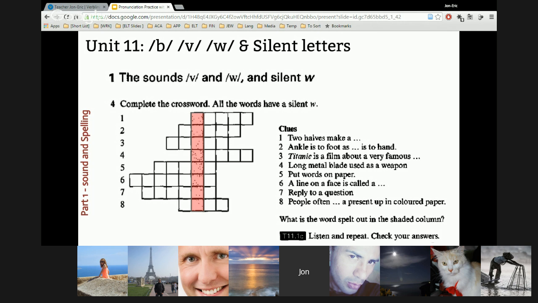Okay. Number 2. Ankle is to foot as elbow is to hand. Very close. You got the right idea. Wrong joint, but right idea. Ribs, maybe. Say again?